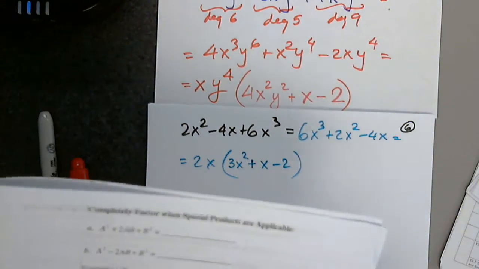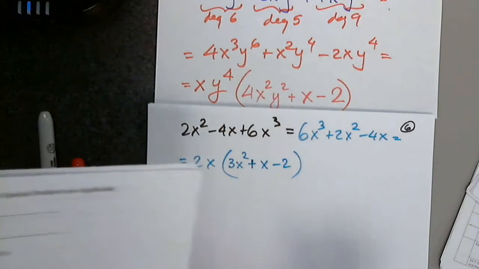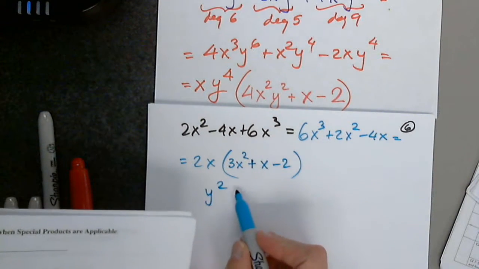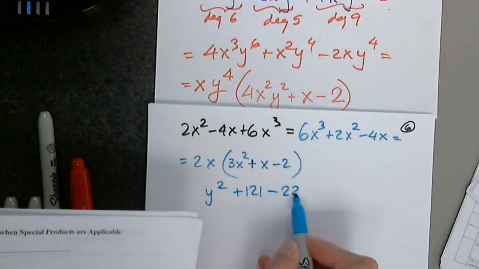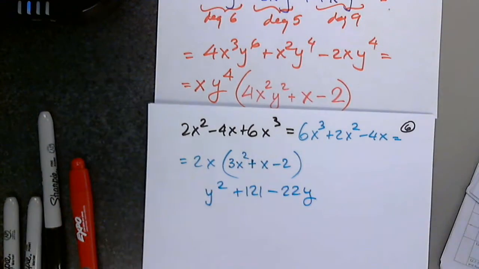So finally, let's move on to page 3 at the top. We are trying to factor y squared plus 121 minus 22y. What type of polynomial is this? Good. Is it in descending order?